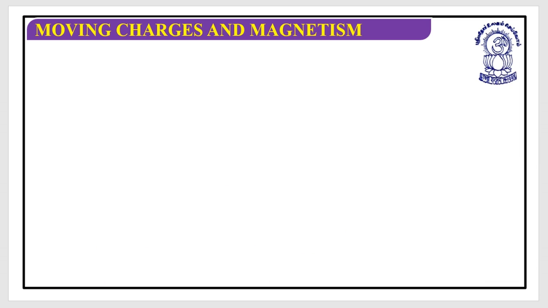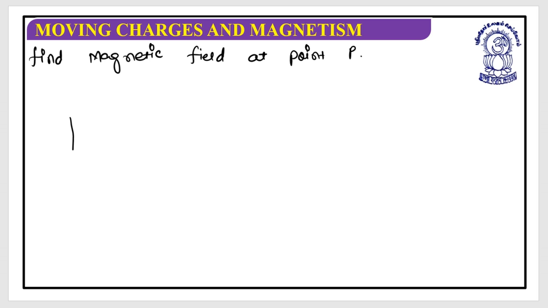So now let's work on the magnetic field. Find the magnetic field at point P. It is something like this.